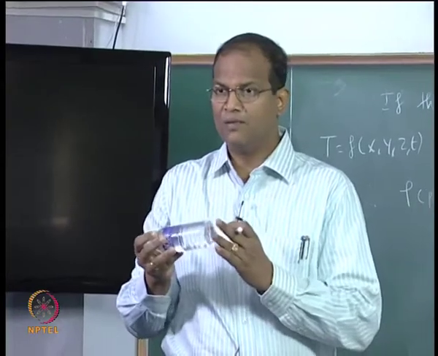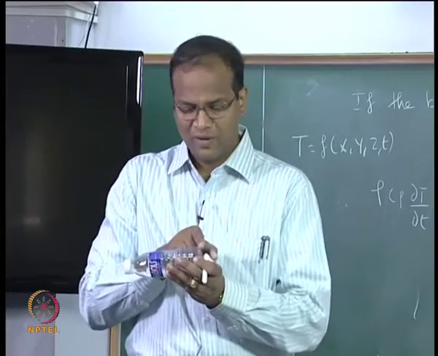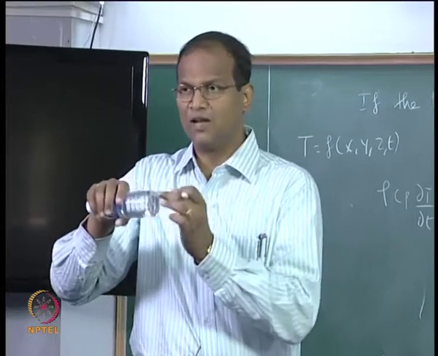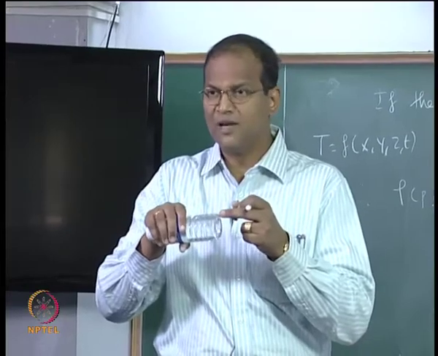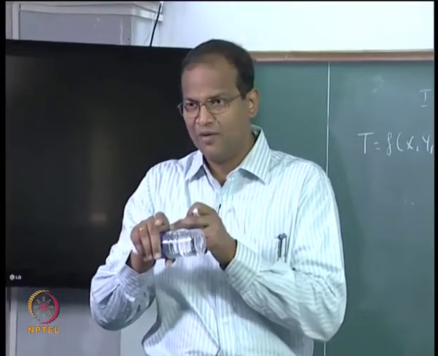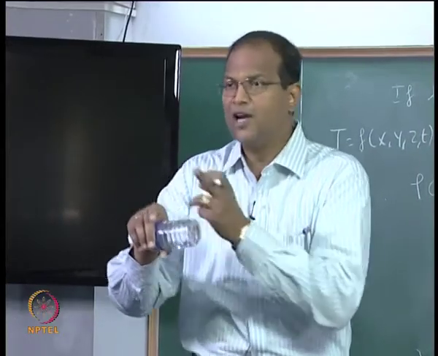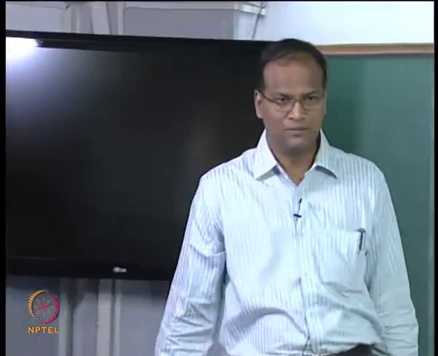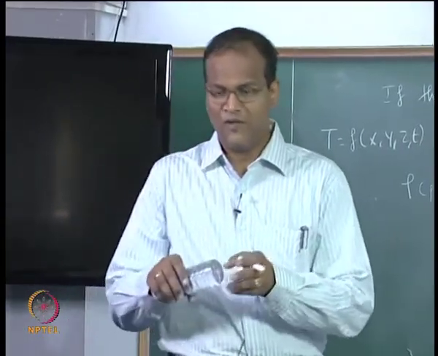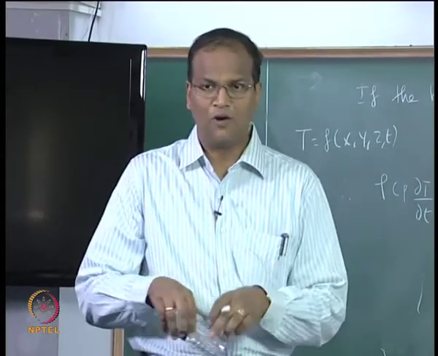Now I keep ice on this left side. The first layers of water which are close to this ice will feel the chillness. Now this thermal disturbance will exponentially decay with time. So alpha will decide, at a given time, how far into this water bottle the effect of the ice will propagate. If alpha is higher, it will propagate faster. If alpha is lower, it will not propagate that much.